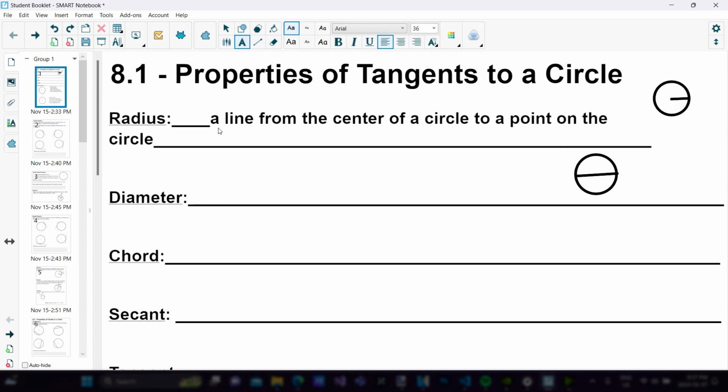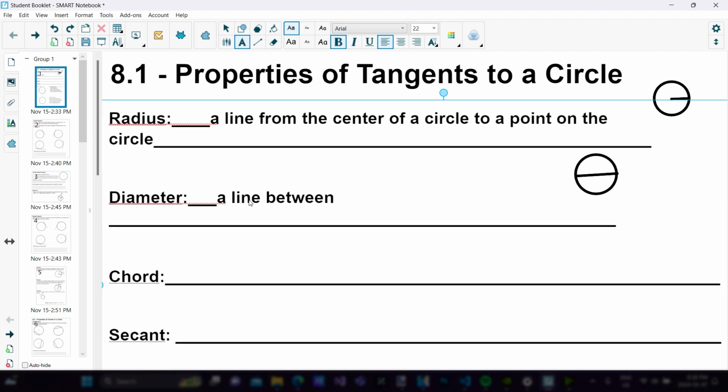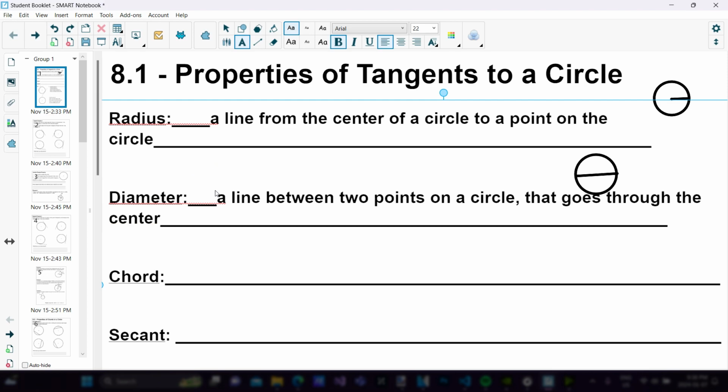But I guess a more correct way to describe that would be to say that the diameter is a line between 2 points on a circle that goes through the center. So I've got 2 points on a circle, point 1 and point 2, and they go right through the center of the circle.